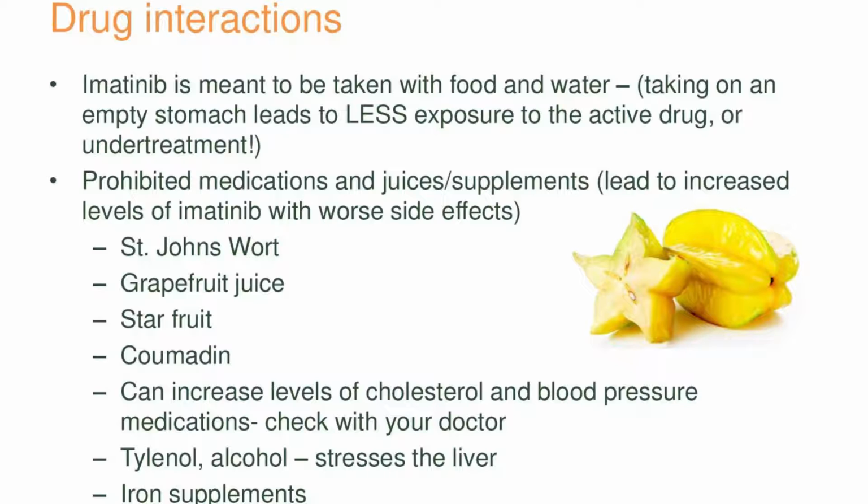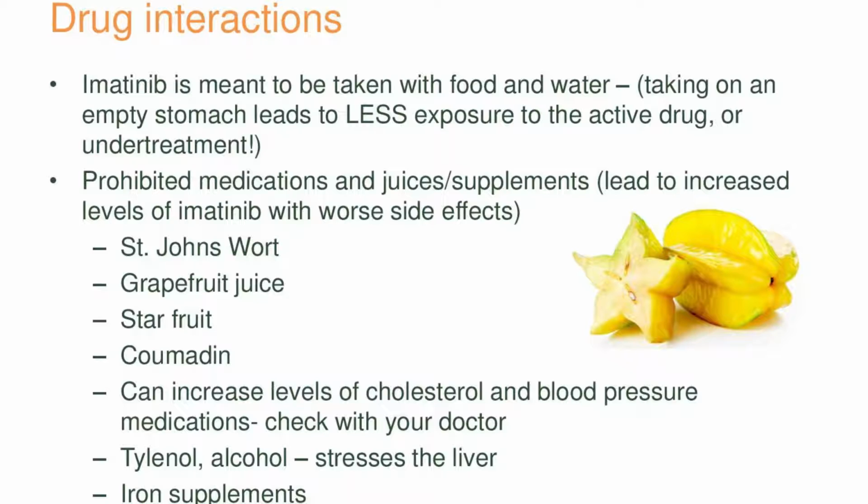The same thing can happen if you take Gleevec with medicines or even foods that impact the way your liver breaks down the Gleevec. A few of these you have to be aware of are an herbal antidepressant medicine called St. John's wort. Grapefruit juice is a no-no. Starfruit also is a no-no because it impairs the way your liver breaks down the drug. Coumadin could also impact it.